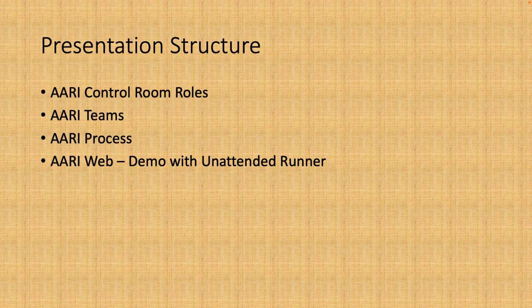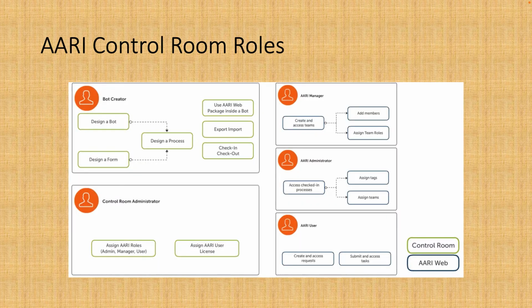Then I'll talk about RE process, how you link a process to the team, how to create an RE scheduler, and some related things. Then in the end we'll demo the process that we developed last time. The difference is that now the bot would run in unattended mode and we have all teams and processes set up.